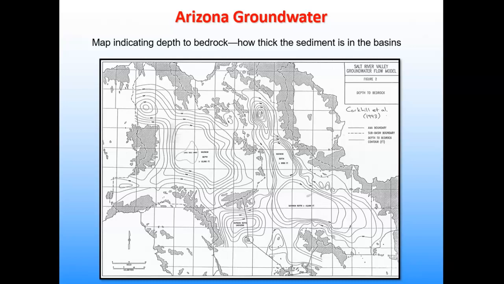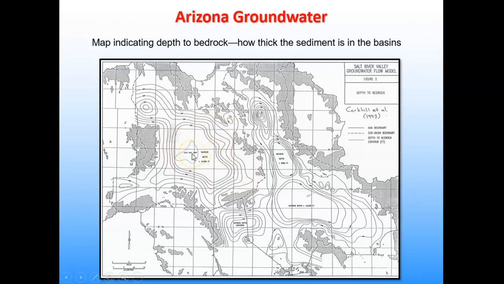So although I know you can't really read some of these values on this little image here, this is depth to bedrock. And bedrock is just solid rock. In this case, it would be impermeable. So this material here, this shading that's got the little diagonal lines, these are hard rock. And everything in between is sediment. And so a lot of these basins here are filled with sediment.